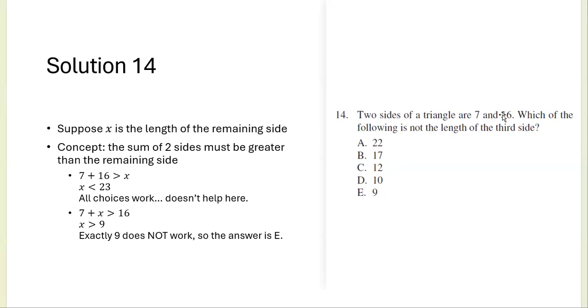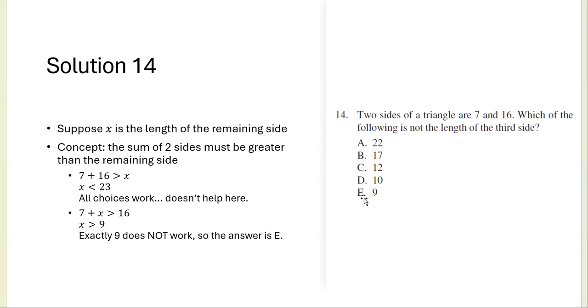Maybe, perhaps, 16 is the biggest side. So we can set up a different inequality. 7 plus x is greater than 16. So x is greater than 9. So exactly 9 doesn't work. And this is asking which of the following is not the length of the third side. So choice E is the answer.